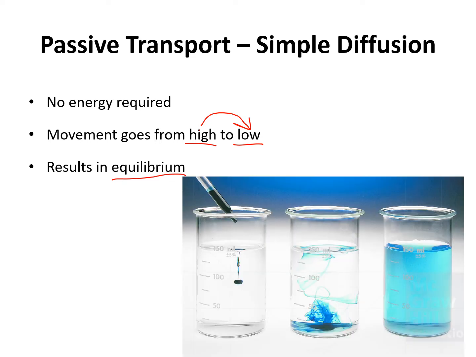This is an example of simple diffusion. So in this case, you have a beaker full of water, and you put a drop of food coloring into the water. And in terms of the food coloring molecules, this is the area of high concentration. So those molecules are going to move due to Brownian motion to spread out into the beaker, which is the area of low concentration.